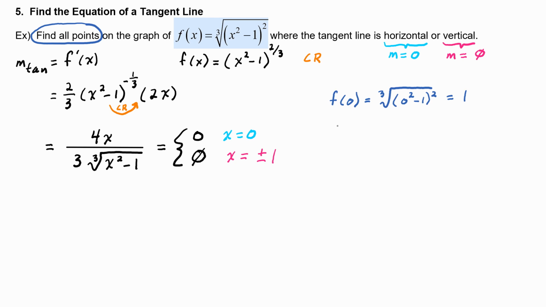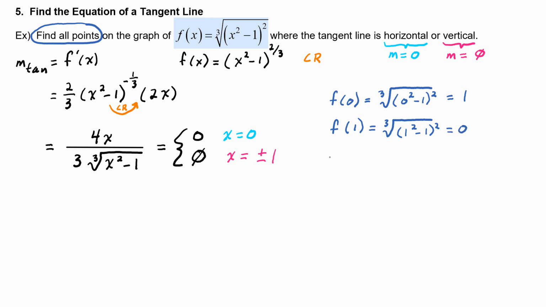We need to evaluate f of 1. And notice we're not plugging into f prime here. To get the y value, we have to plug into f. So that means we're doing the cube root of 1 squared minus 1 squared, and this is going to equal 0.